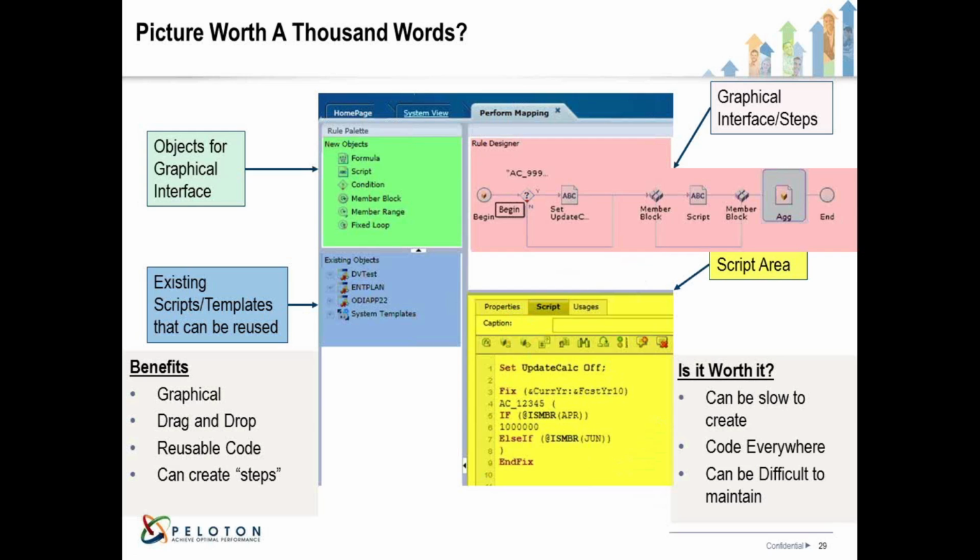So just thinking in terms of the pros and cons of creating graphical rules, the benefits are that you have something that's graphical. It's easy to see each of the steps and what each of them is doing. You can drag and drop pieces wherever you'd like, and you can create reusable code and templates, which eases maintenance a bit, and you don't have to make changes everywhere in the event that one little thing changes, such as an ag.